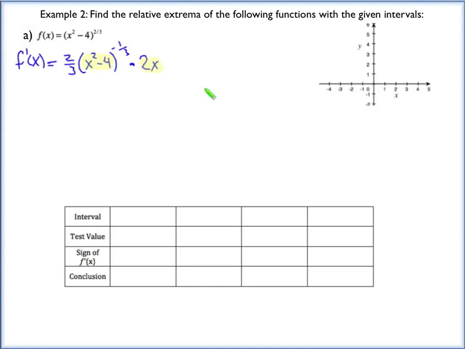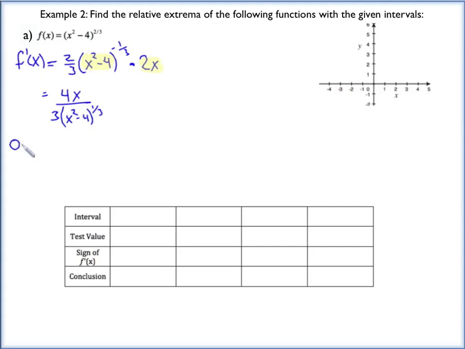That's got to be the chain rule. Okay, and let's simplify this. Okay, so now we need to find where this equals 0 and where this does not exist.